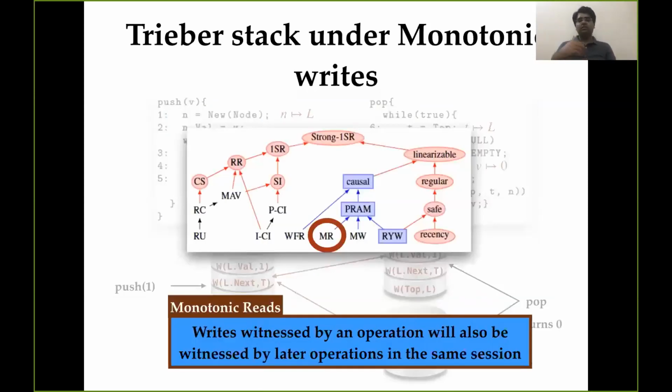Now, in order to prohibit this particular anomalous execution, we can again think about upgrading the consistency model. In particular, there's a consistency model called monotonic reads, which says that write events that are witnessed by an operation will also be witnessed by later operations in the same session.